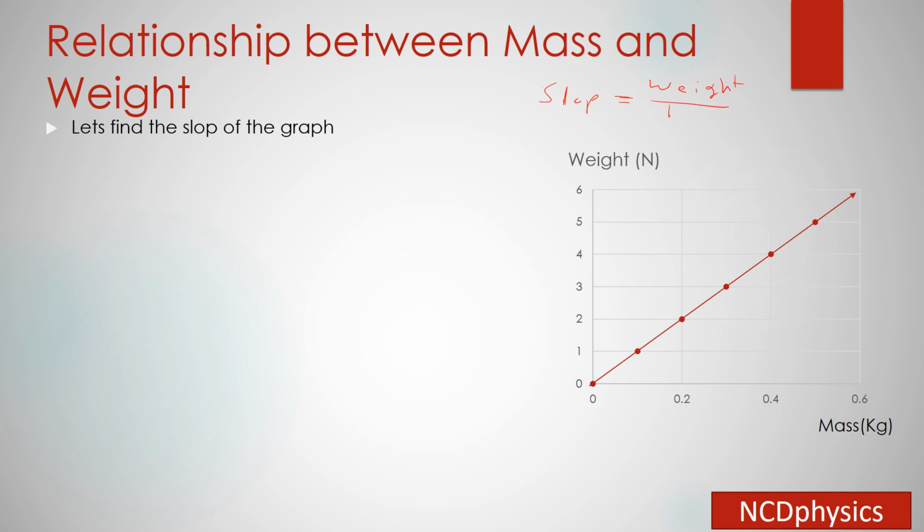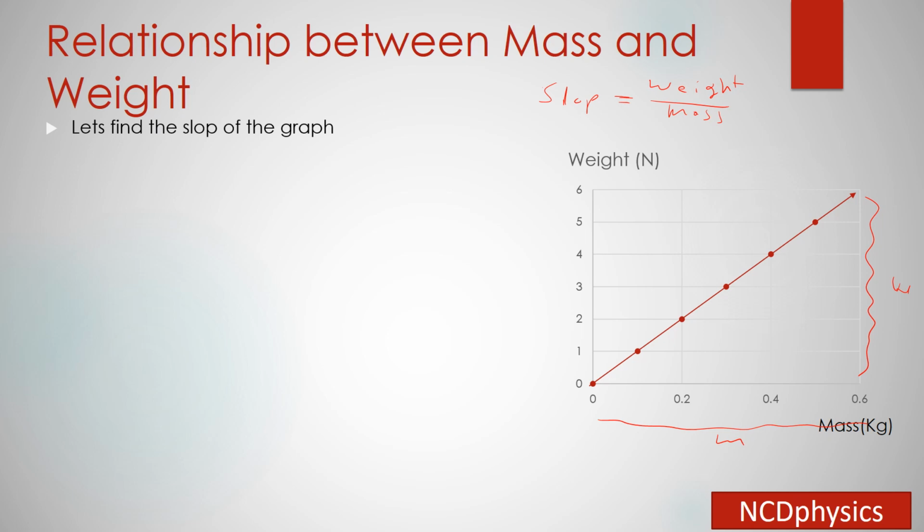Why? Because vertically we have the weight of the object, and horizontally we have the mass of the object. So x is mass and y is the weight of the object.